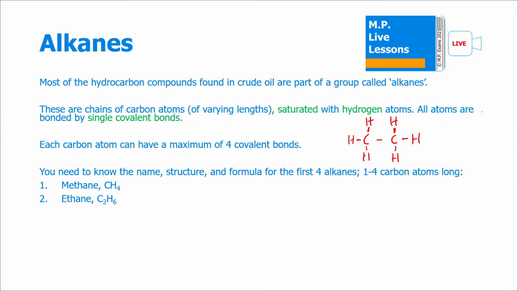Next is ethane. This will have 2 carbon atoms and 6 hydrogen atoms all around it. This is what we actually drew. And remember that these diagrams are called displayed ones.